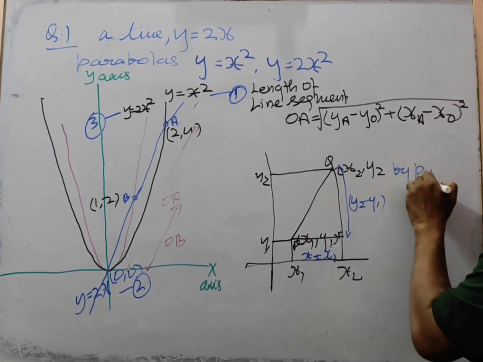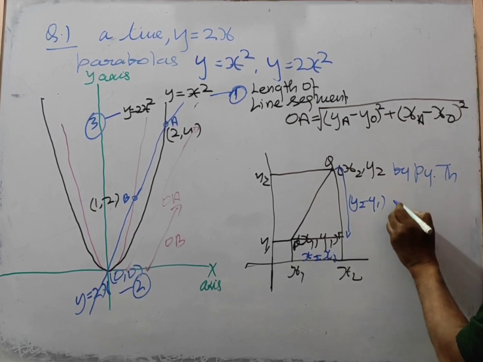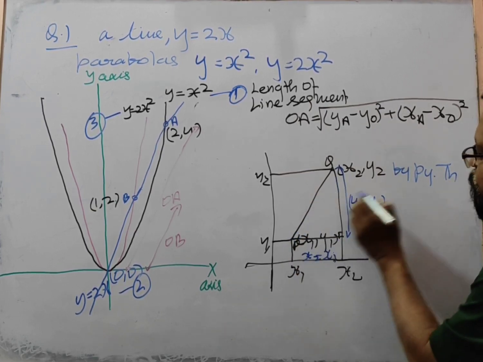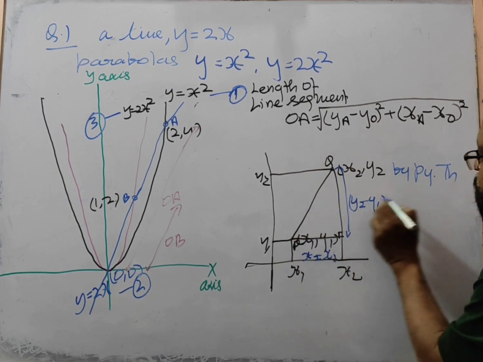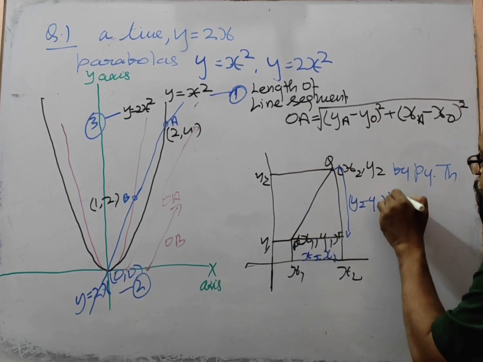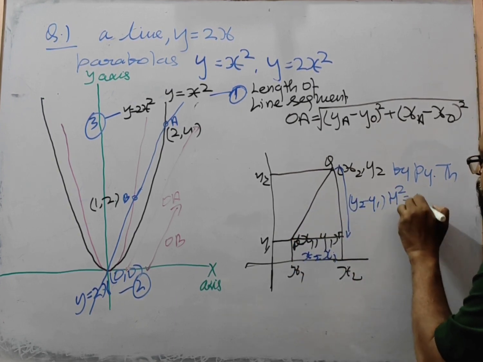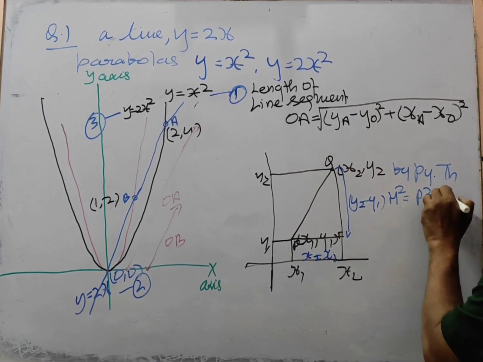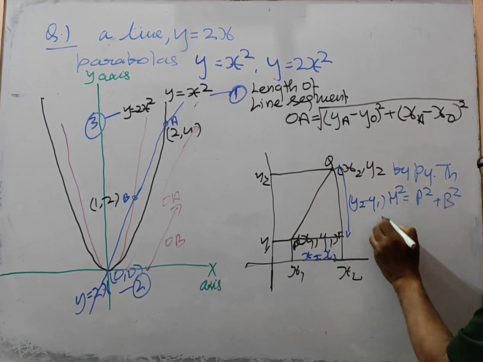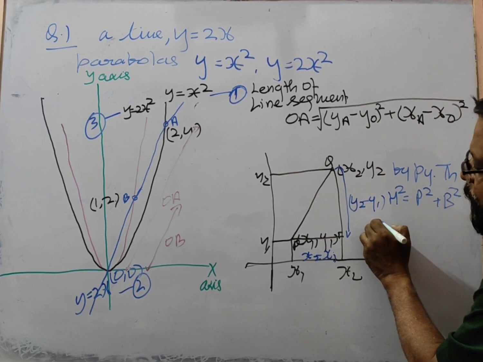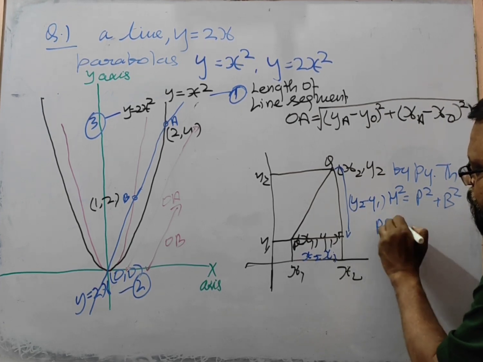So now by Pythagoras theorem, the hypotenuse is PQ. Hypotenuse square is equal to perpendicular square plus base square.